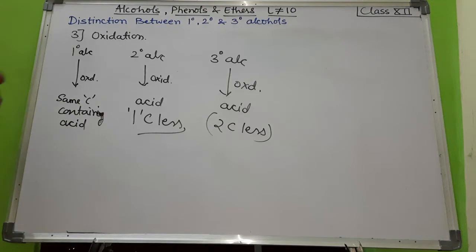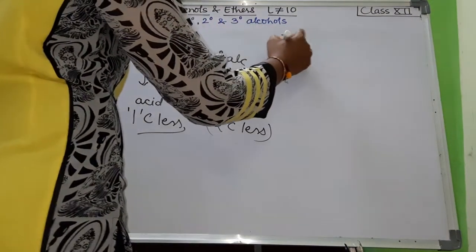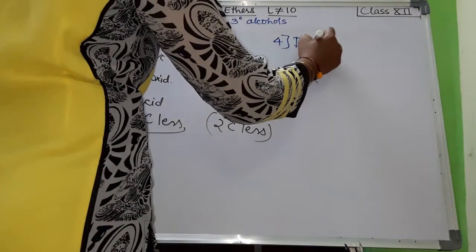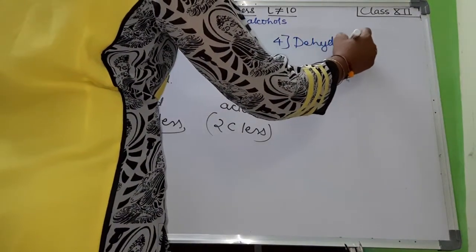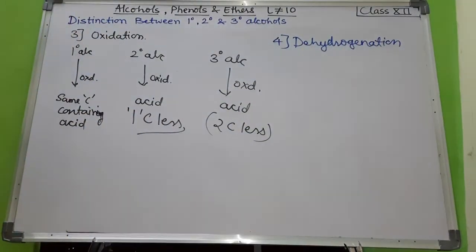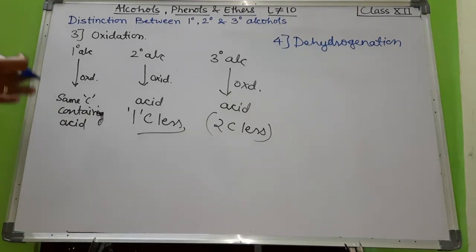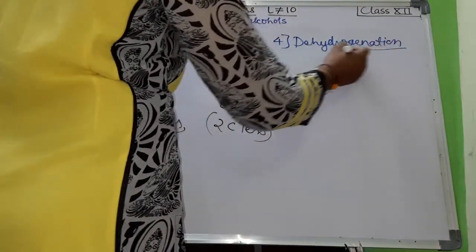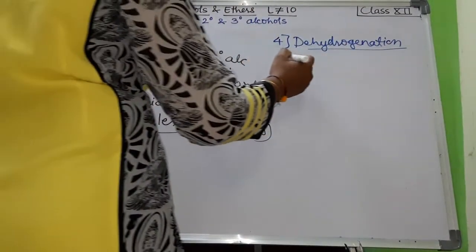There is one more method by which we can distinguish, that is by using dehydrogenation reaction. As we have studied all these reactions in the earlier lectures, I am going in short for the completion of today's lecture. The fourth one is dehydrogenation.